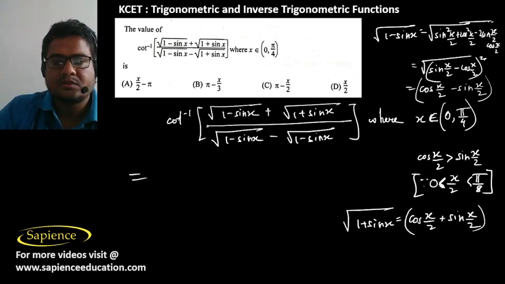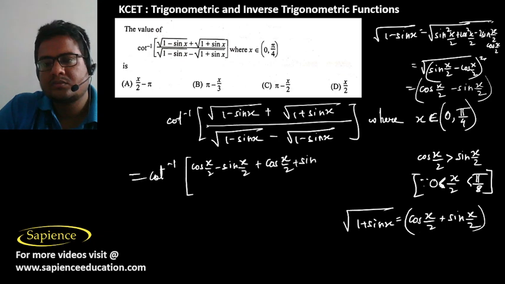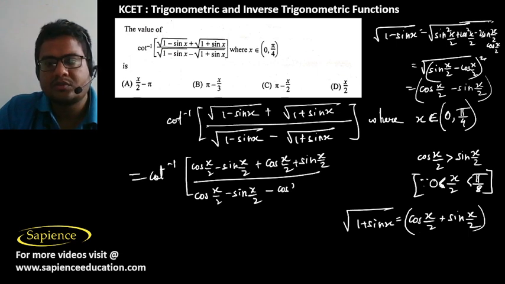So therefore this can be written as cot inverse of cos x by 2 minus sin x by 2 plus cos x by 2 plus sin x by 2, divided by cos x by 2 minus sin x by 2 minus cos x by 2 minus sin x by 2.